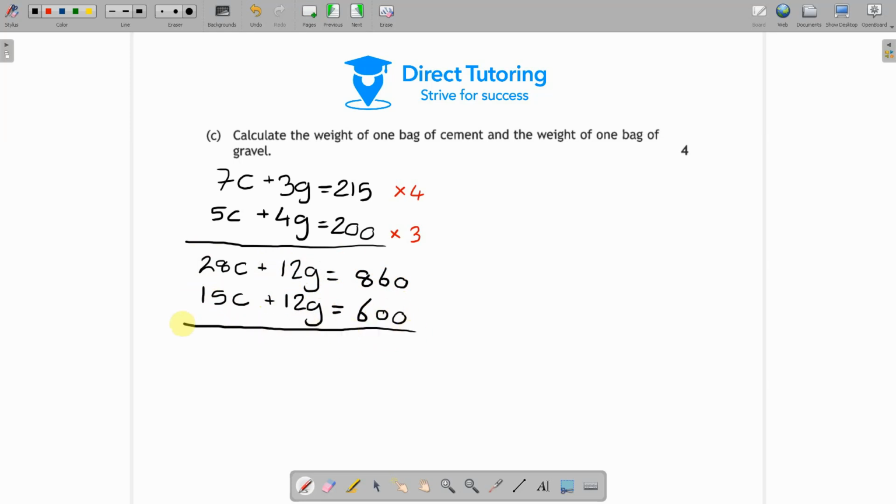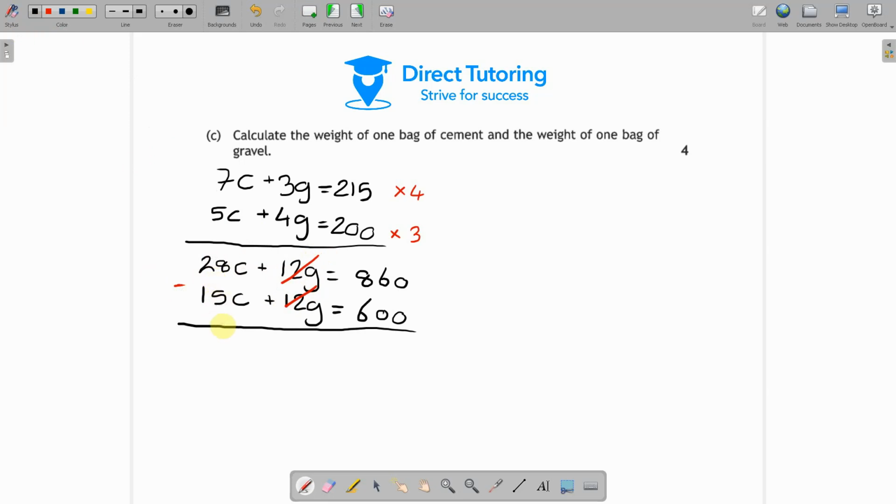Now line underneath again. Now we have to make a decision whether we add these equations or subtract them. Now because they're 2 pluses, we take them away from each other. So we'll take the top number away from the bottom, and that means that the g's will disappear.